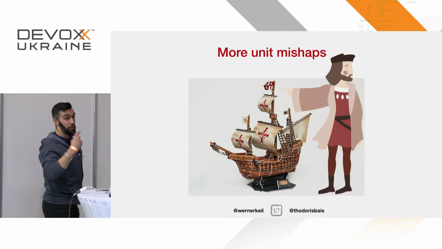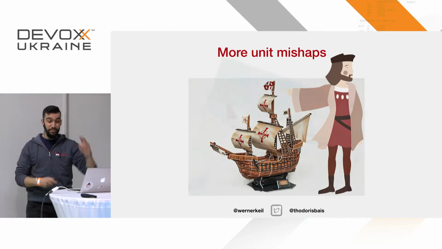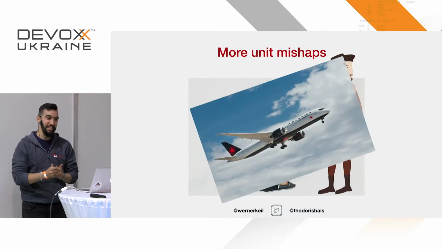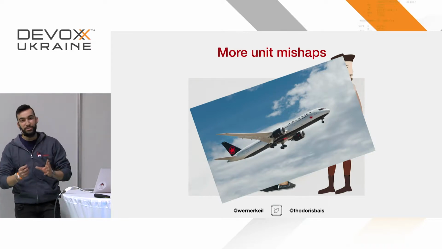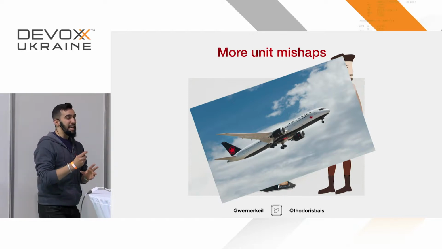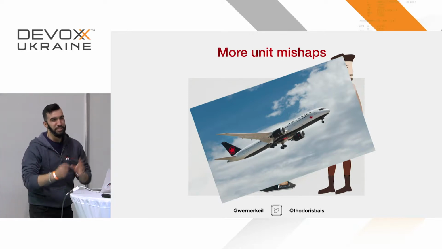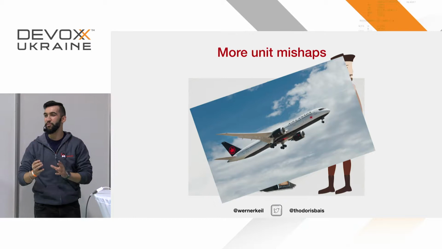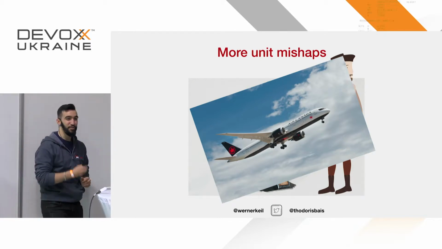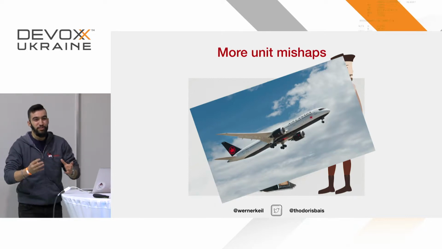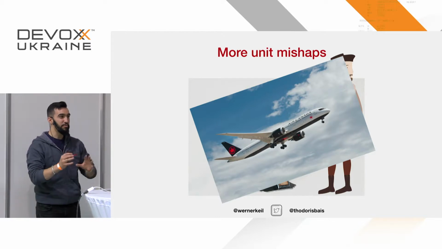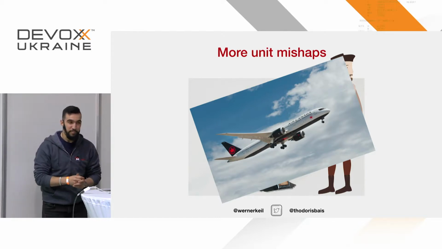One more units of measurement mishap. Second of all, the so-called Gimli Glider, right? So in around 1983, an Air Canada flight had a problem. Somewhere in the middle of the flight, the airplane ran out of fuel. Just imagine what would have happened, right? You're in the middle of your flight, and the airplane runs out of fuel.